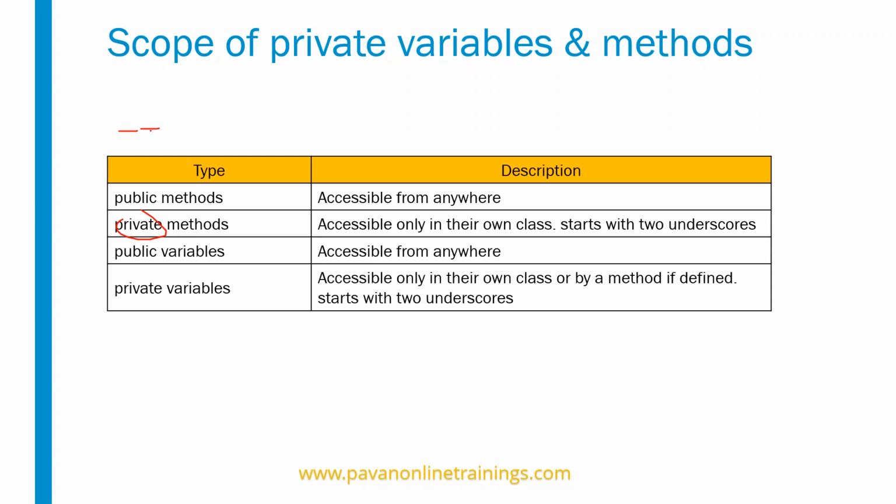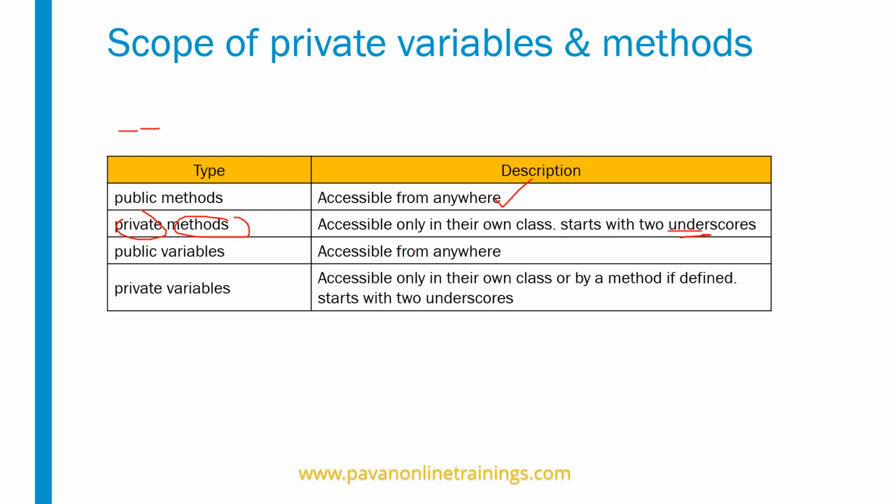If I don't specify underscore underscore, it will be treated as a public method. Public methods are general methods accessible from anywhere. We don't have any restriction for that, but private methods are accessible only in their own class. These private methods start with two underscores, and we can access them only within the class. Outside of the class we cannot access them.